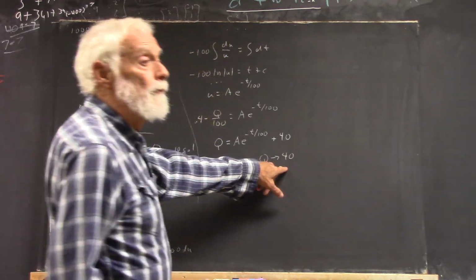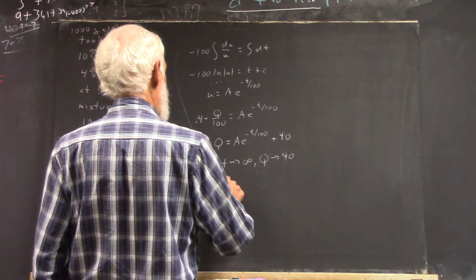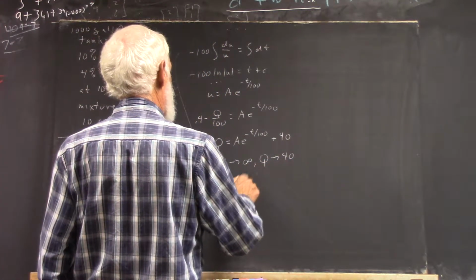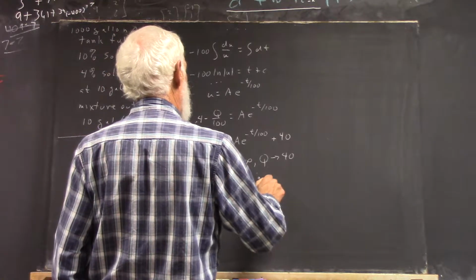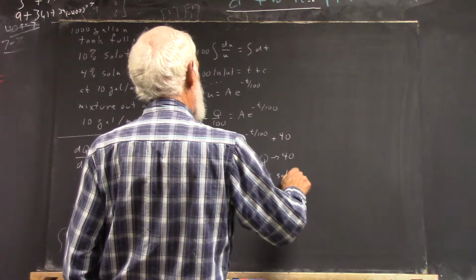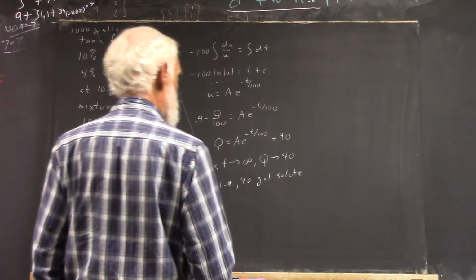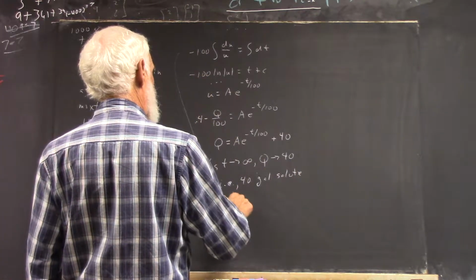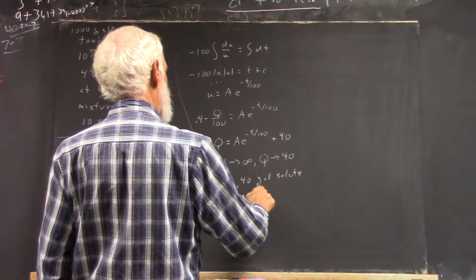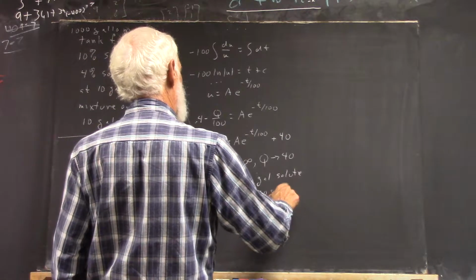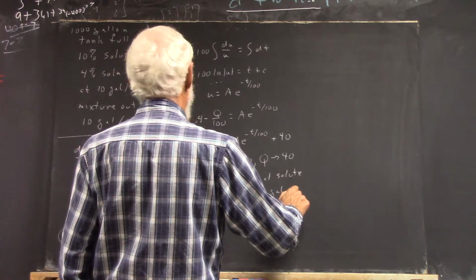It means 40 gallons of solute in the 1,000-gallon tank.